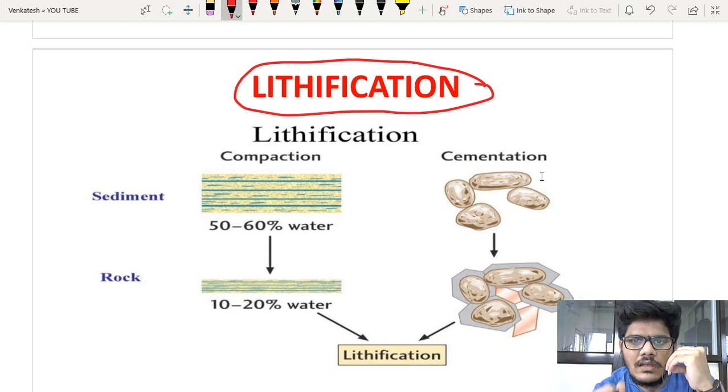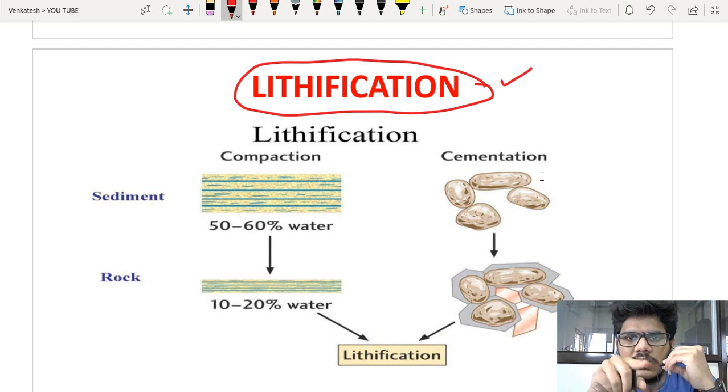By the process of weathering, we are able to get soils from rocks. When these sediments are combined to form a hard rocky mass, that process is known as lithification.